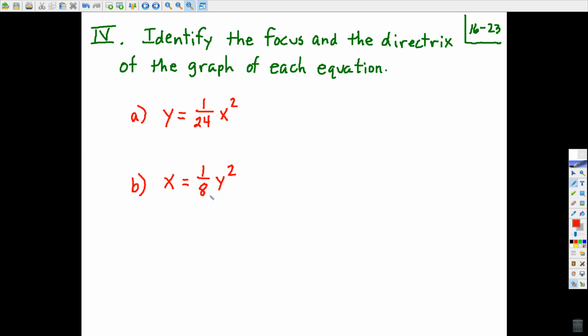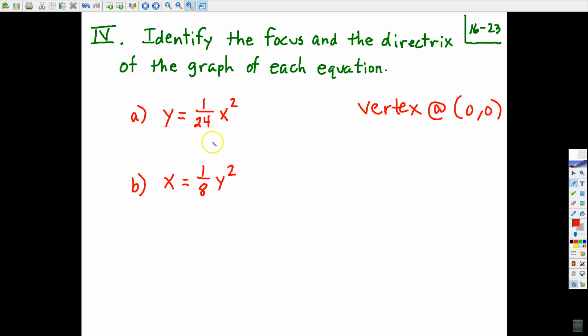Everything is multiply. I know we have this power, but we don't have any addition or subtraction. That's a clue that you have vertex at the origin. When there are no addition or subtraction symbols, then it's always going to be true that you're dealing with a parabola whose vertex is at the origin.